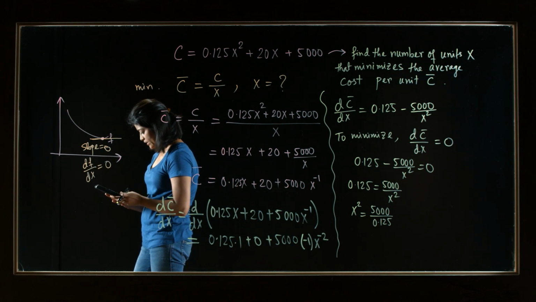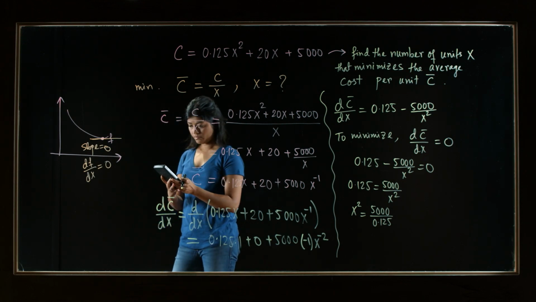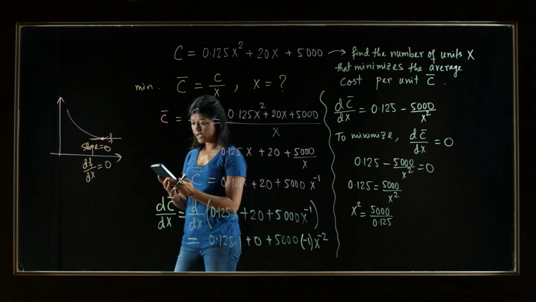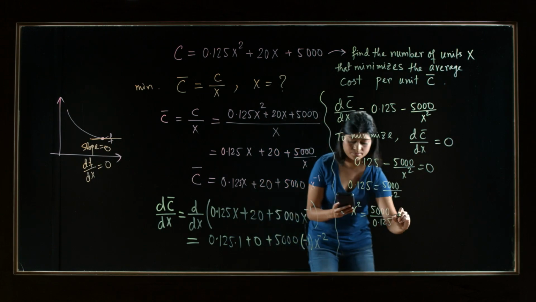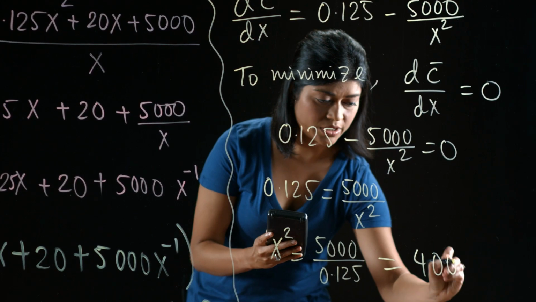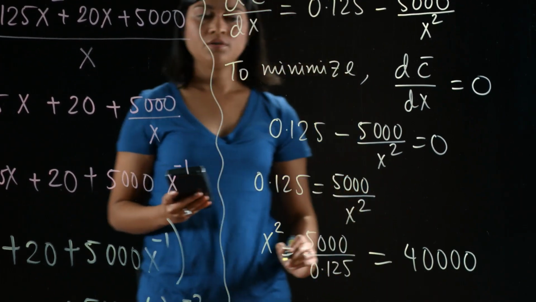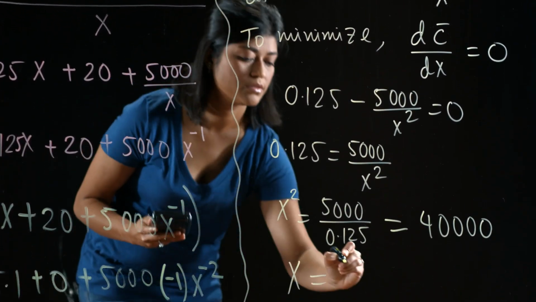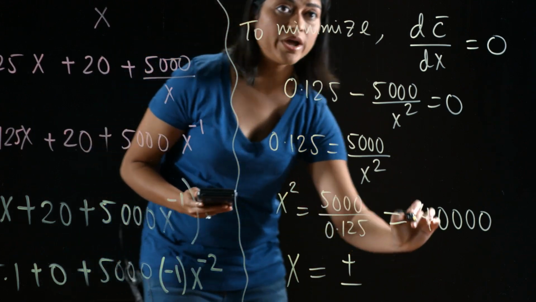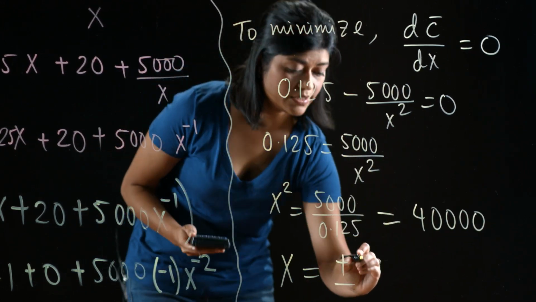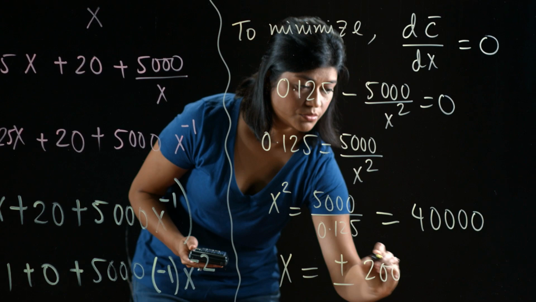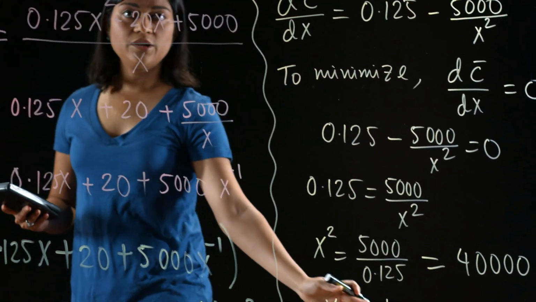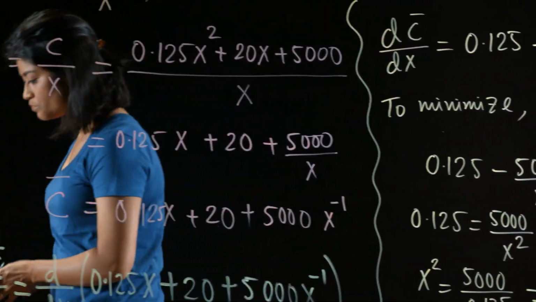What is 5,000 divided by 0.125? That is 40,000. But this is x squared. So what is x? x is plus or minus the square root of it, and so that is 200.